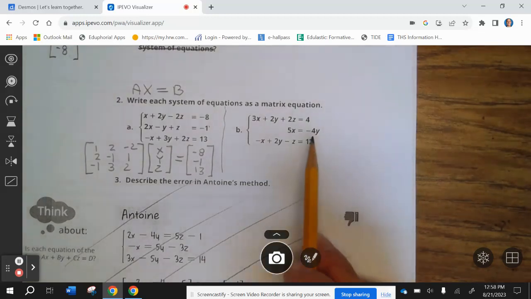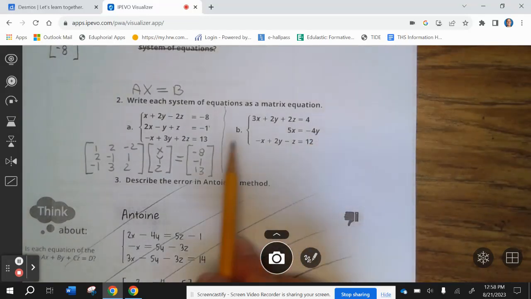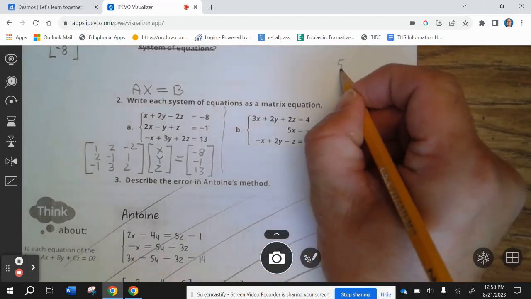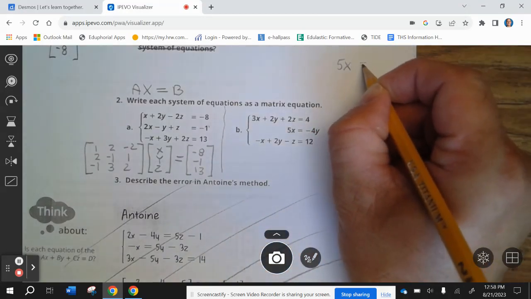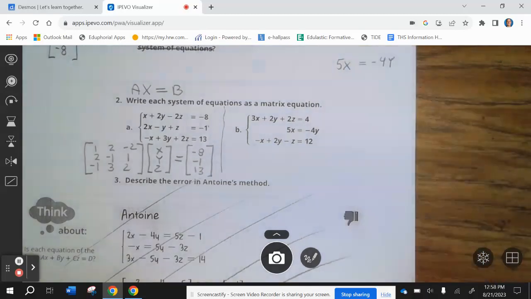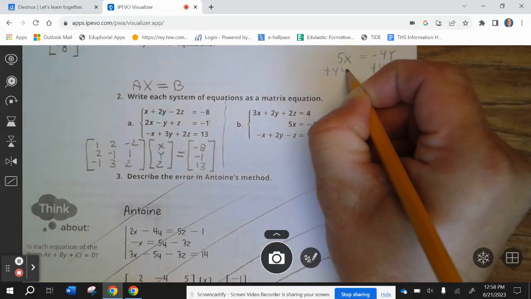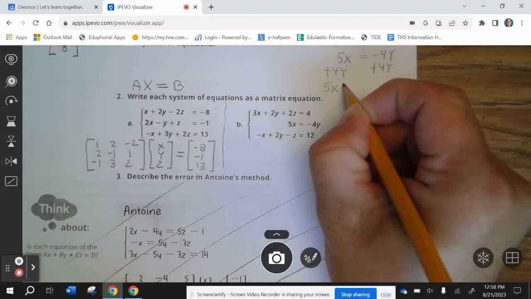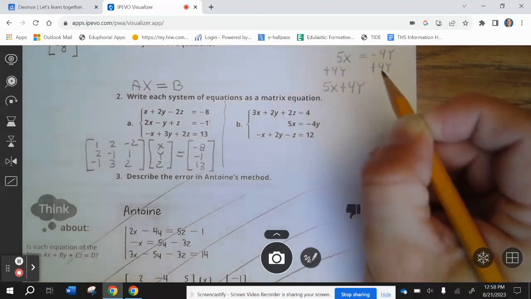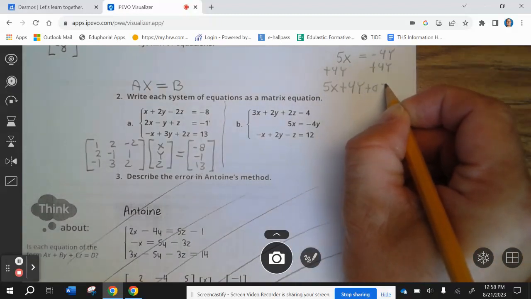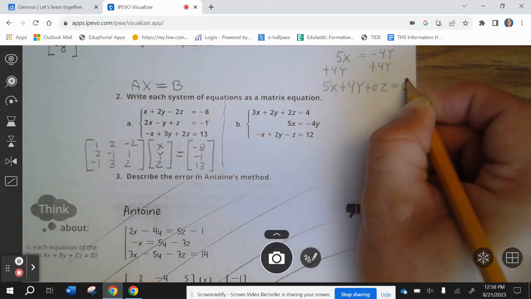Now, this one's a little different in that we need all the variables on one side. So we need to take 5x equals negative 4y, and we need to add 4y to both sides. So now we have 5x plus 4y. Now we need a z, so we're going to actually include the plus 0z equals 0 because that's 0.